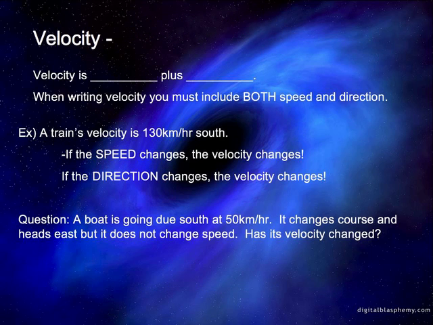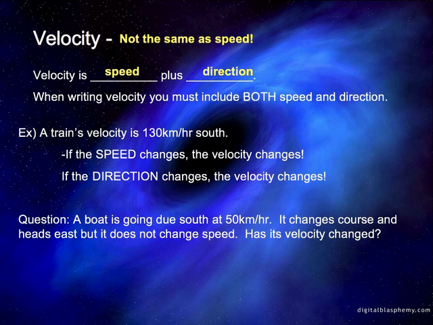Now velocity, I'm sure you've heard the word velocity, is something that's slightly different. The technical definition of velocity, okay, includes both the speed but also direction. So if you're asked for a velocity, usually, you're going to have to write a number with units and a direction as well. For example, a train's velocity might be 130 kilometers per hour south.